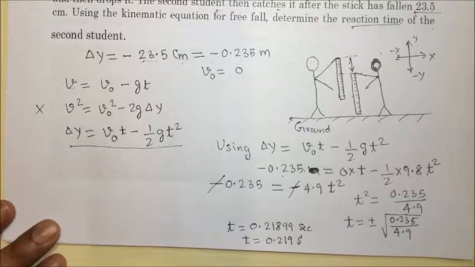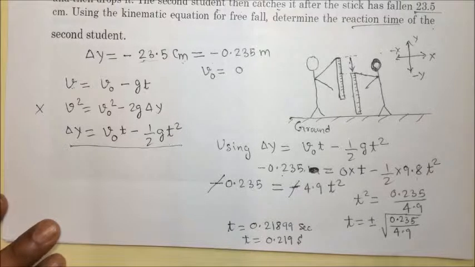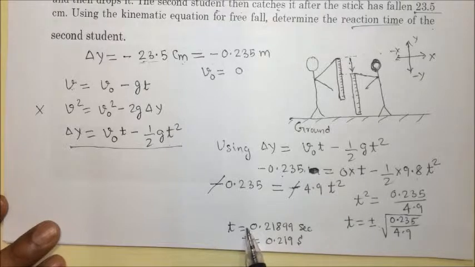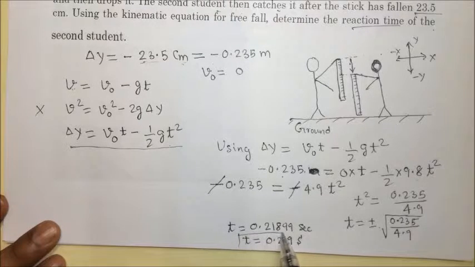Okay, one more thing here, I have not taken the minus sign because time is not negative. Time is always positive. Alright, so I am not taking the minus sign here. So this is the correct answer. This is the reaction time.